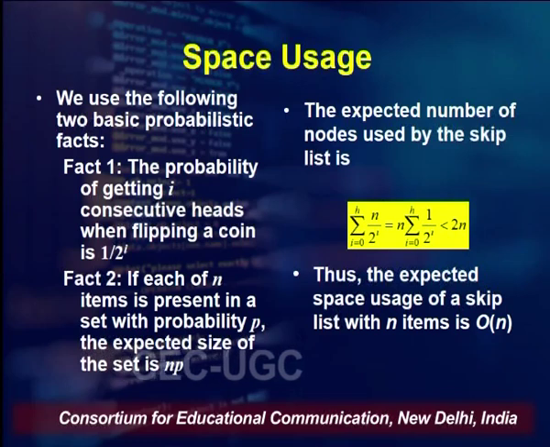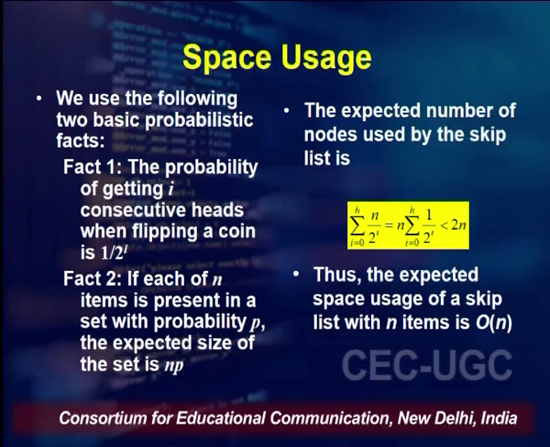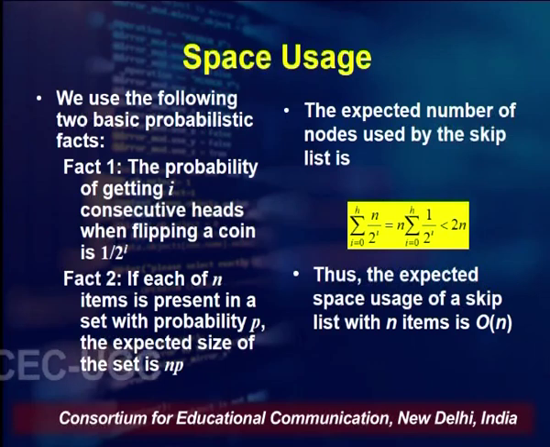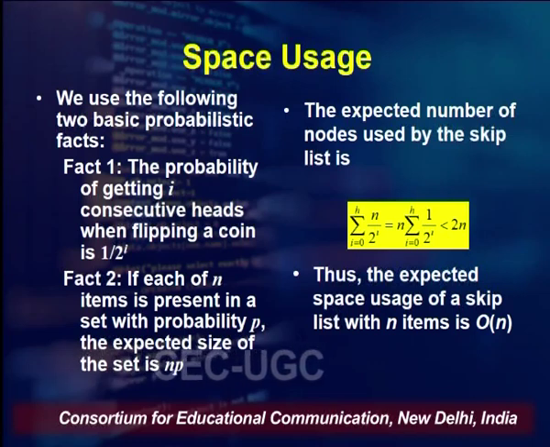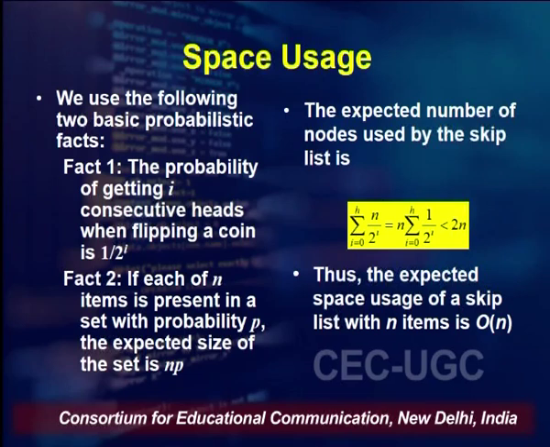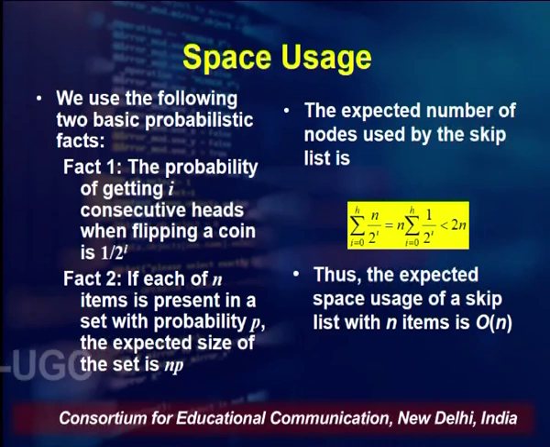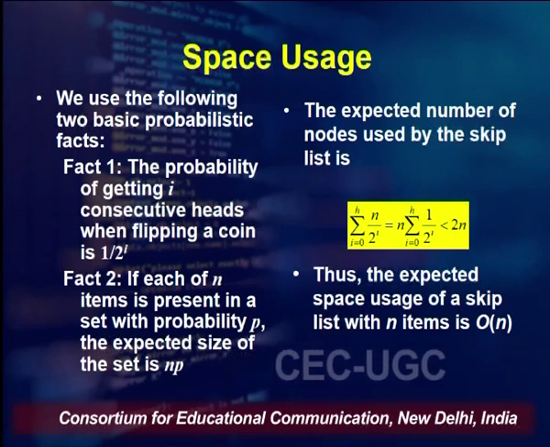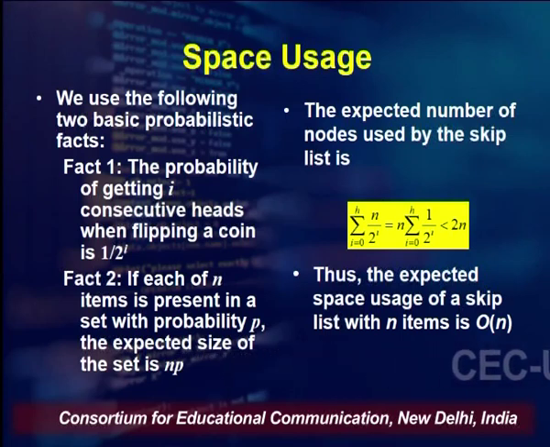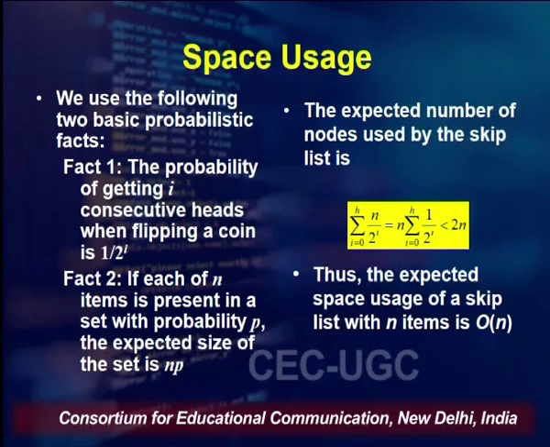The first one says the probability of getting i consecutive heads by flipping a coin is 1 upon 2^i, because this flipping of coin is going to increase the number of levels. The next statement says if each of n items is present in a set with probability p, the expected size of the set is np, and hence the expected space usage of a skip list with n items is order n.